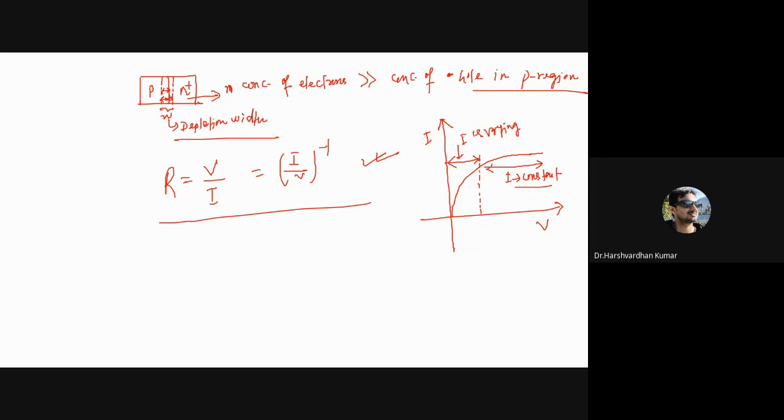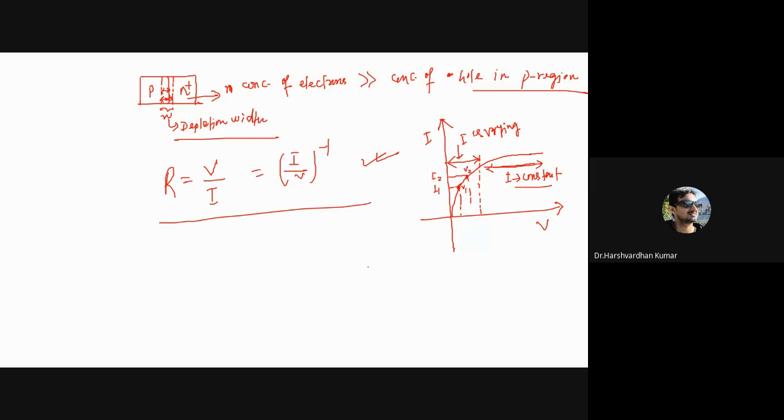It means that if you take the ratio, let us talk about this region. You can take any 2 points in this region. Here let us say this is I1 and here I2, and here V1 and here V2.